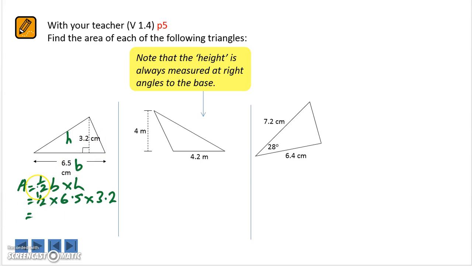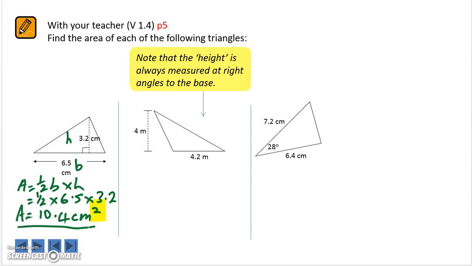So our answer is going to be in centimetres. But because we've got an area, our units, one side times by another, is squared. So don't forget that little squared symbol. That's really easy to forget, but it's really important to remember it. So A for area, area equals 10.4 centimetres squared.